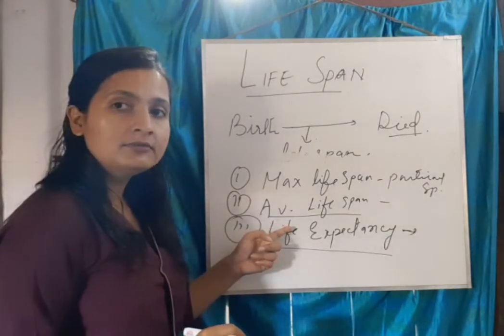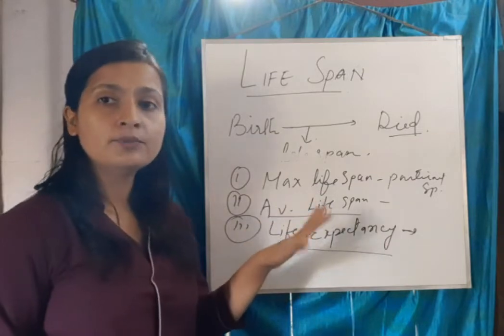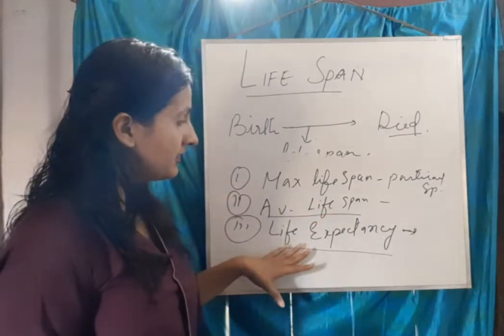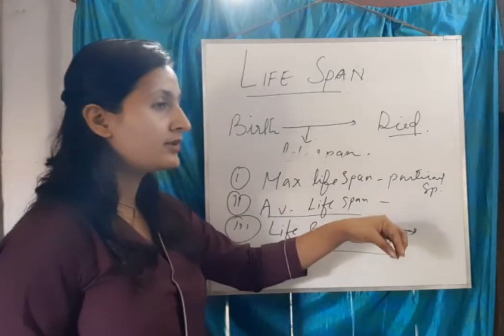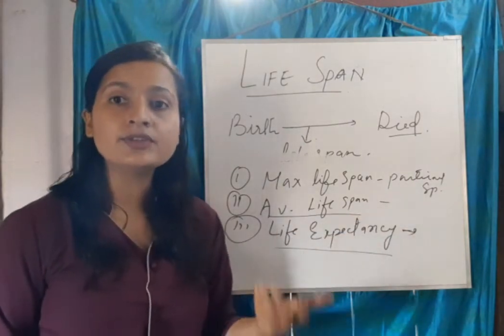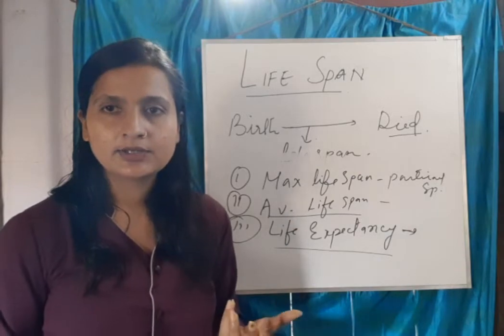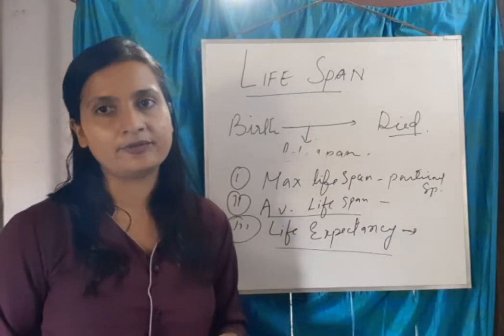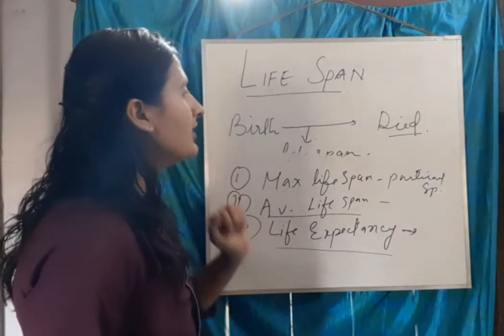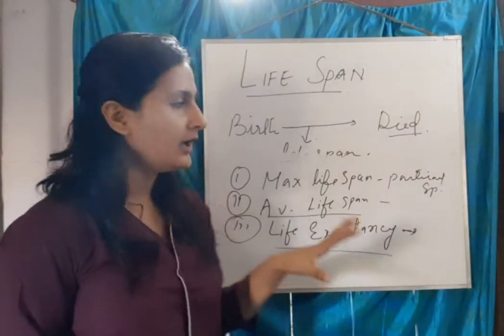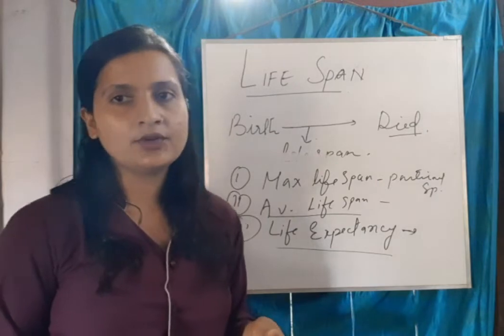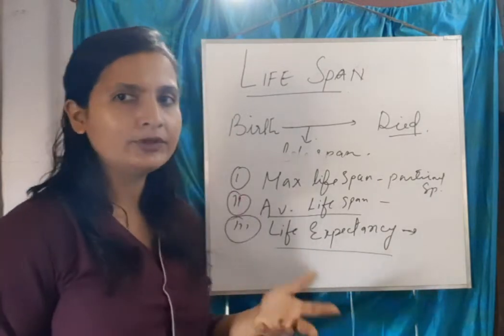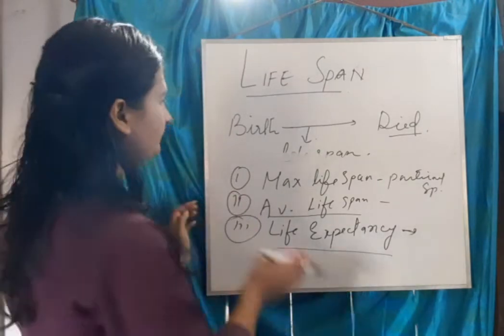Average lifespan is based on a population. Life expectancy is the number of years expected for an organism to survive. I hope this is clear to you. If you have any doubt, then you can text me. Feel free to ask questions.